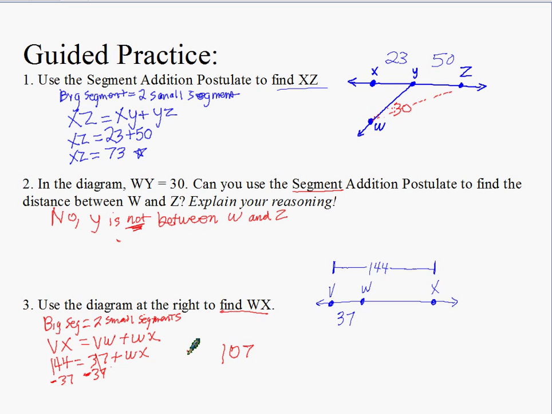I kind of want my thing on the left, so I have here WX is equal to 107. That is not a 7, that is not a 7. If I put a 107 here, then this is what I was saying: 37 plus 107, put these two sticks together, and you get 144.